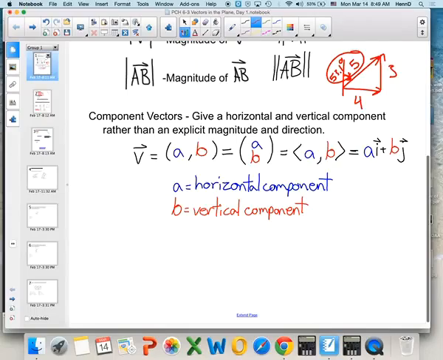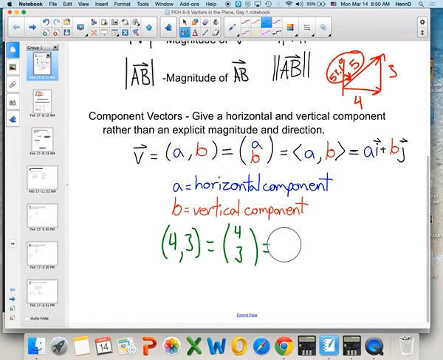Okay? I could write this vector as what looks like a point. So in this case, it would be 4, 3. I could write it in parentheses like this, as 4, 3 this way.